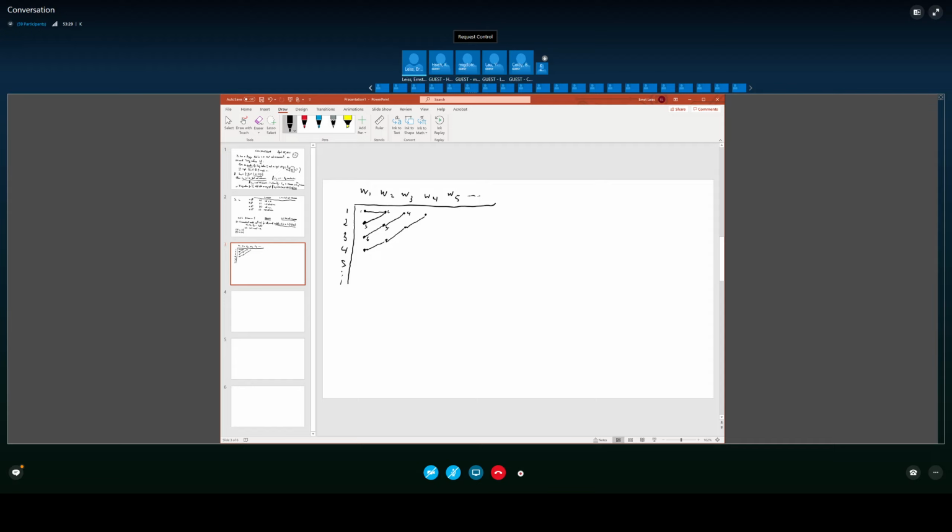So in some sense, what I'm writing down here is maximal. If some of those steps are not necessary, then you can just ignore them and skip them. But what you can see here is that if you want to get step I of word WJ, you will get to it.